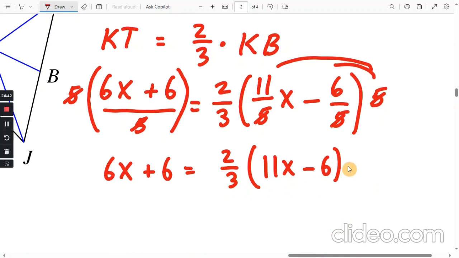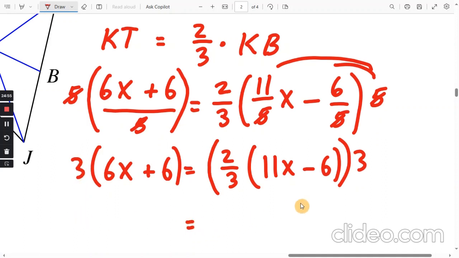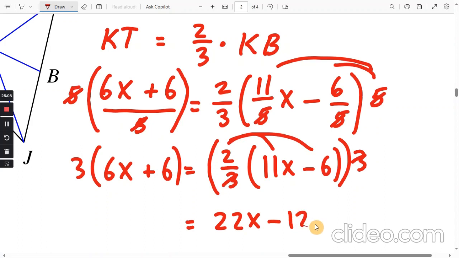So since I have a denominator of 3, I am going to do times 3 on both sides to get rid of that denominator. Keep the equal sign. 3 divided by 3 cancels. And now we can distribute. 2 times 11x is 22x. And 2 times negative 6 is negative 12. On the left, 3 times 6x is 18x. And 3 times positive 6 is positive 18.